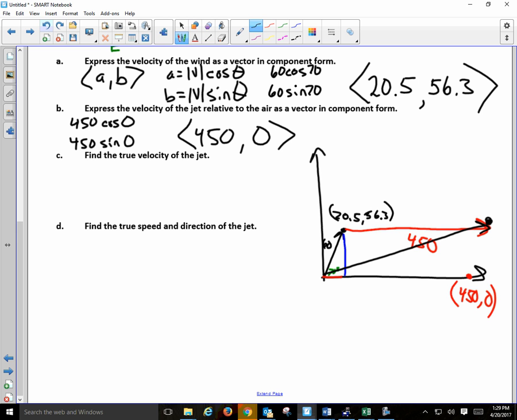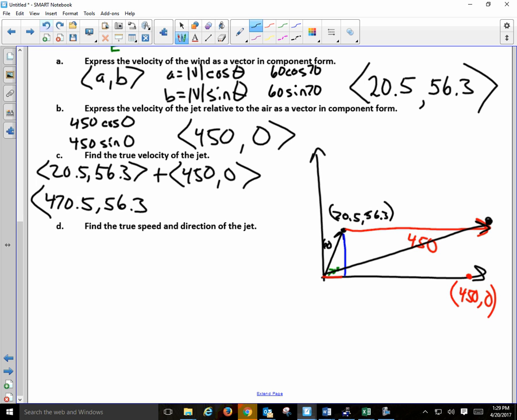Well, all we have to do is take 20.5, 56.3, and add that to 450, 0. What do I get? So this is the true velocity in component form. That's it.